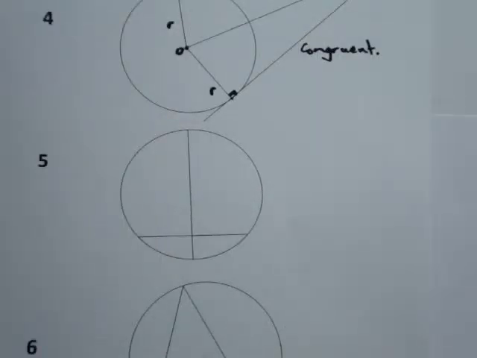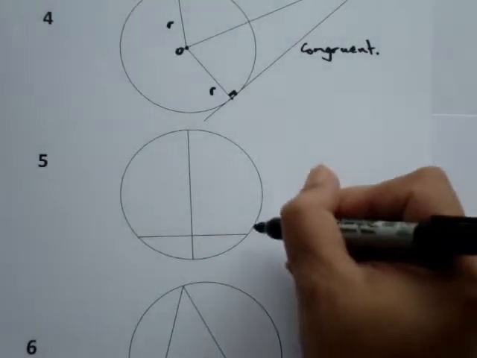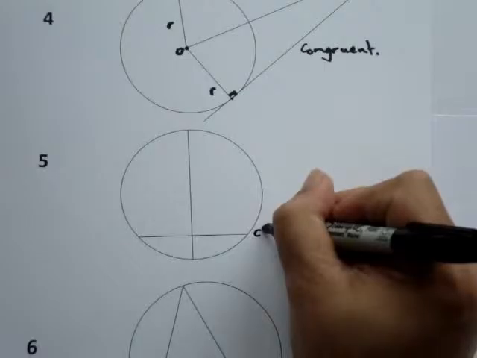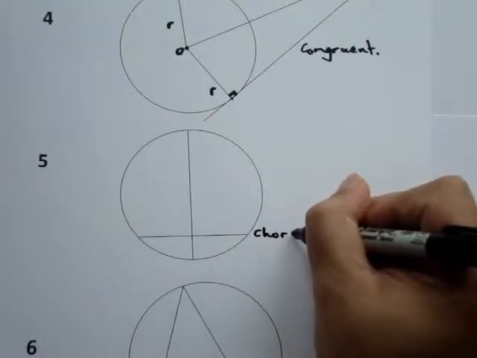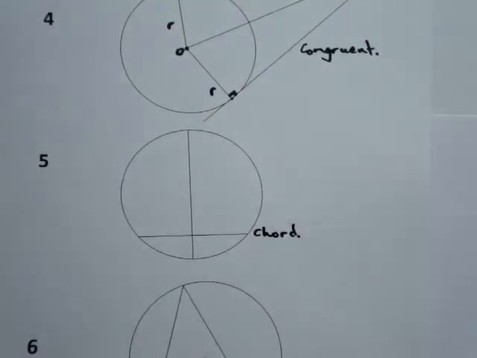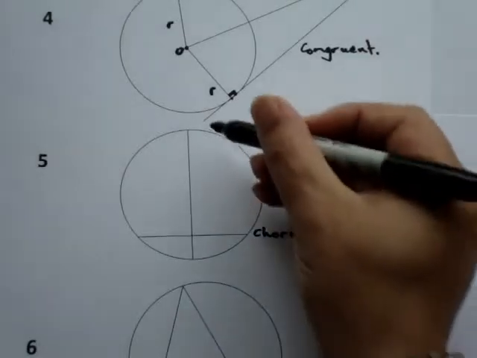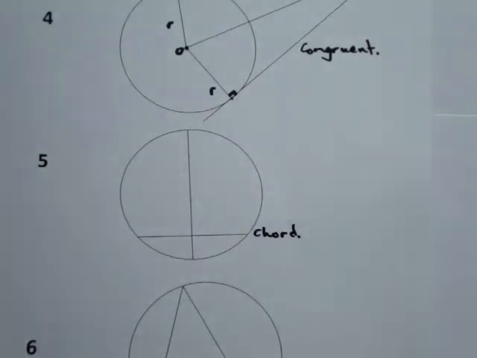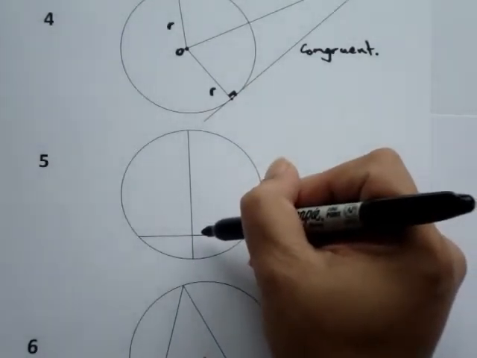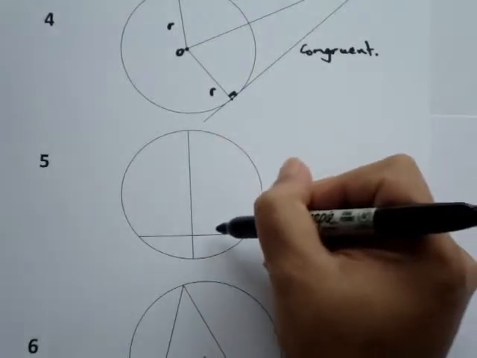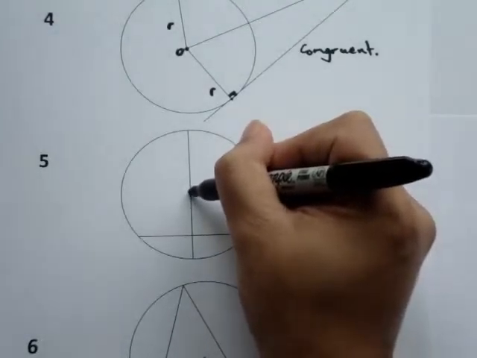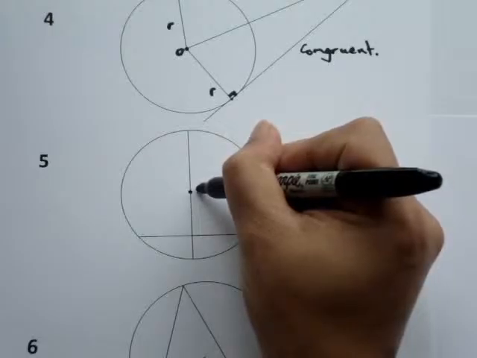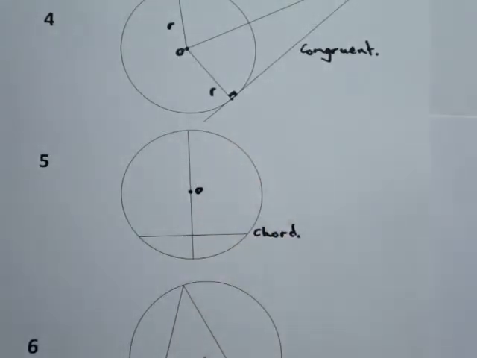If within a circle we have a chord, so this is the chord, and the bisector of the chord is a diameter, so for it to be a diameter it has to go through the center of the circle.